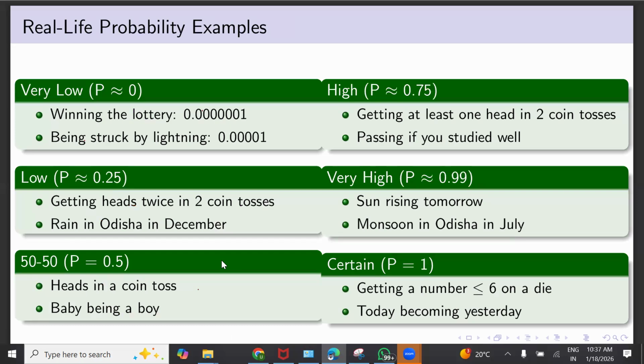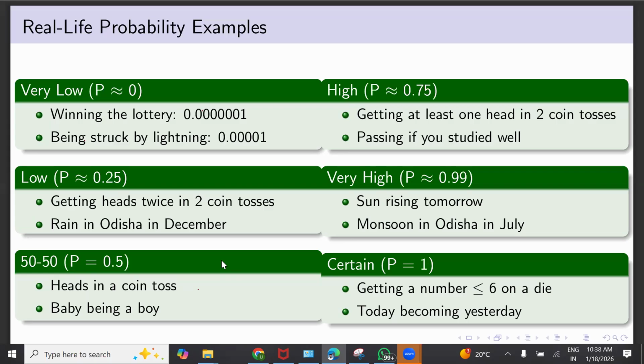So real life probability examples. Very low probability: winning a lottery, right? Being struck by lightning, probability will be very low. Low probability means probability is at least 0.25: getting heads twice in 2 coin tosses, rain in Odisha in December.